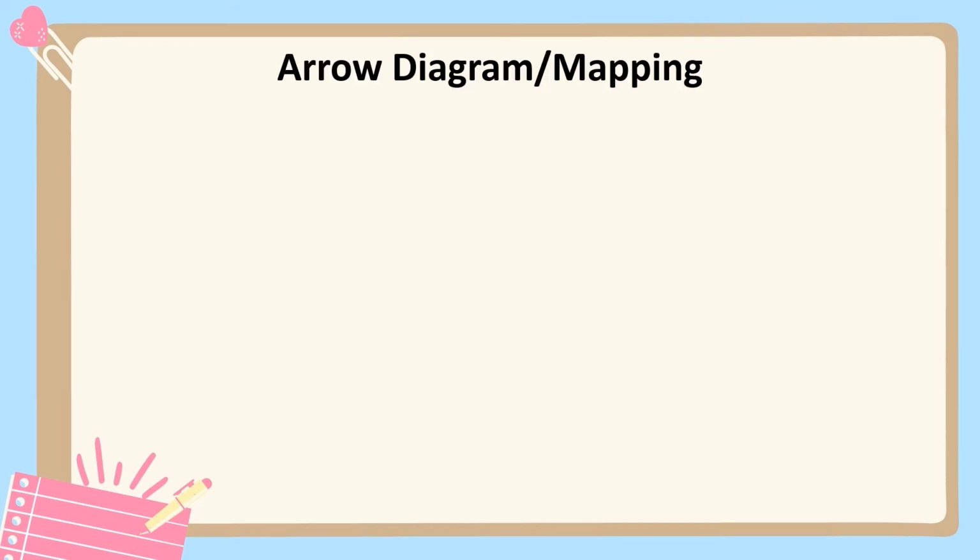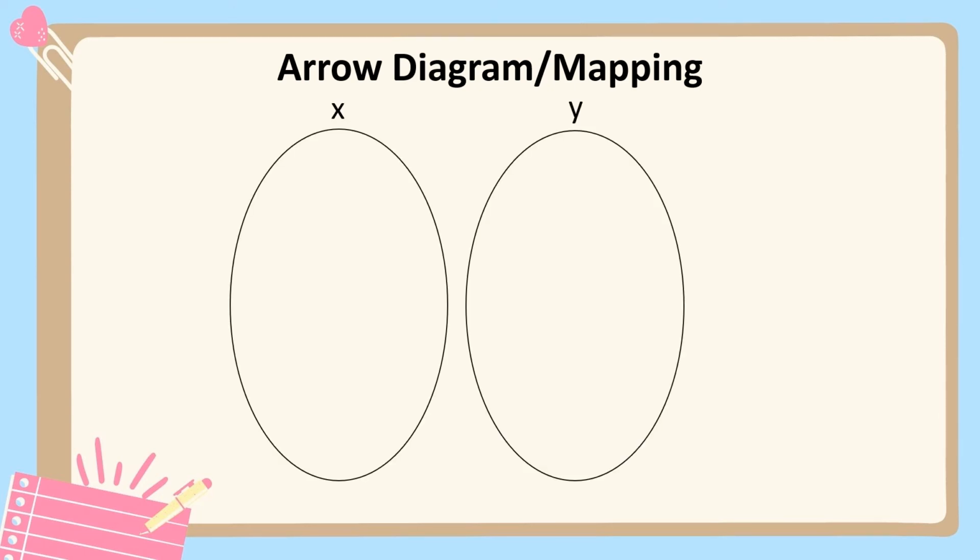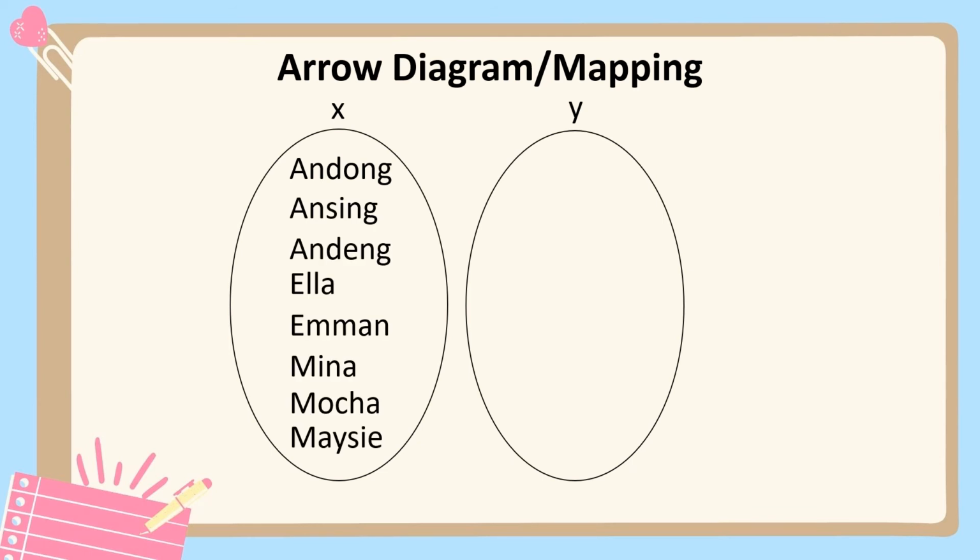For the arrow diagram or mapping of the given relation, it will look like this. Andong will be paired to Ana. Ansing to Ana.